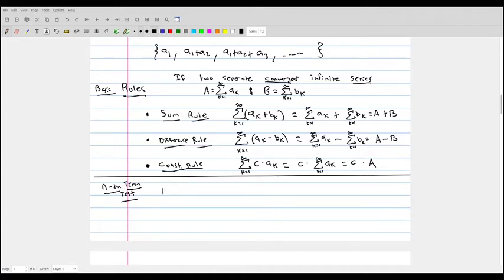And basically what this says is that for an infinite series of the form sum from k equals 1 to infinity of ak, if the limit as k goes to infinity of ak is not equal to 0, if this limit of the terms in this series is non-zero, then the series has to diverge.